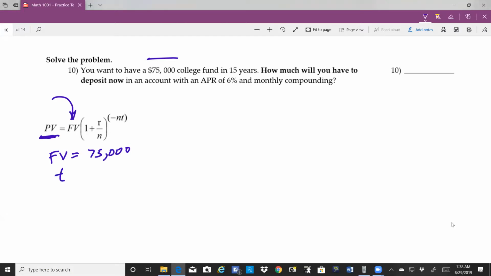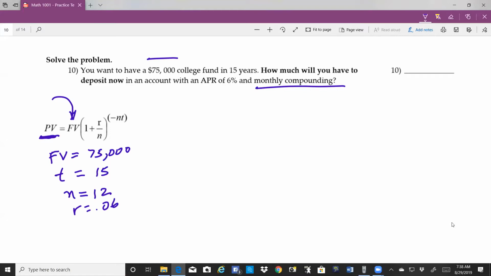So T is 15. N, if it's monthly compounding, N is 12. And the interest rate is 0.06.